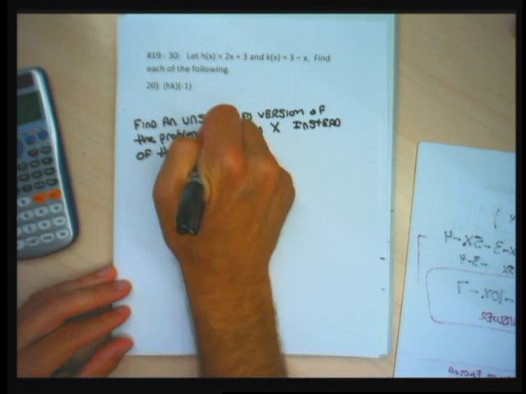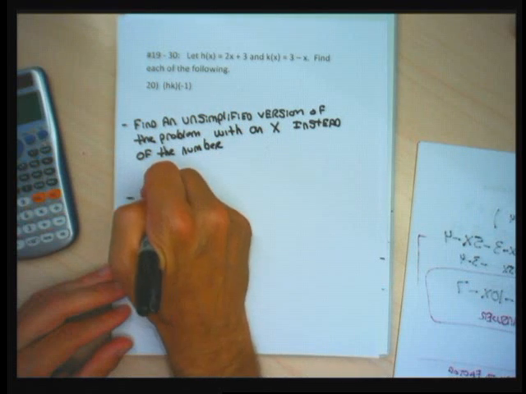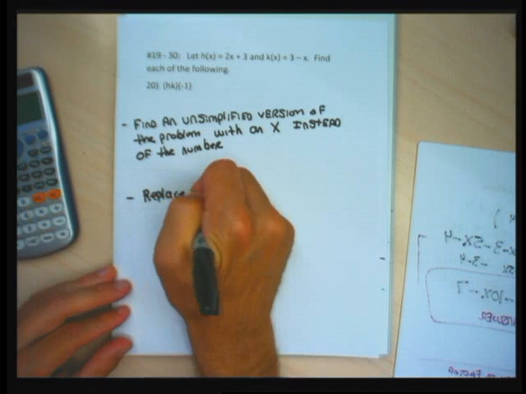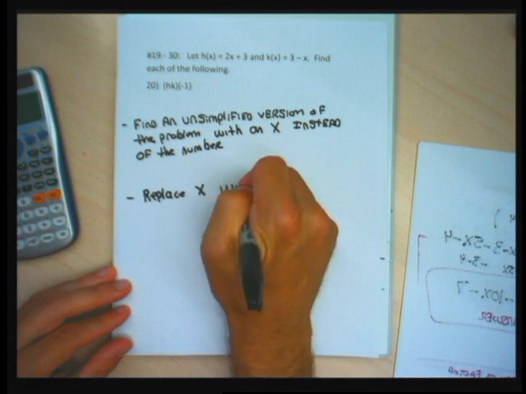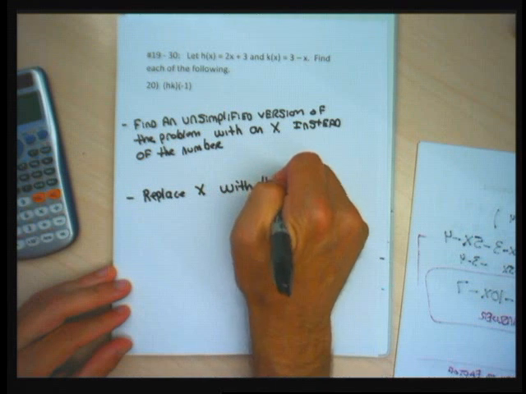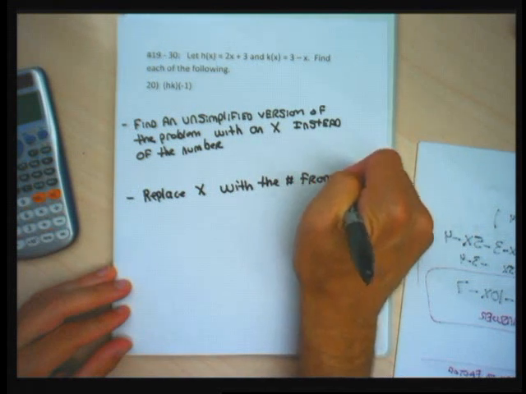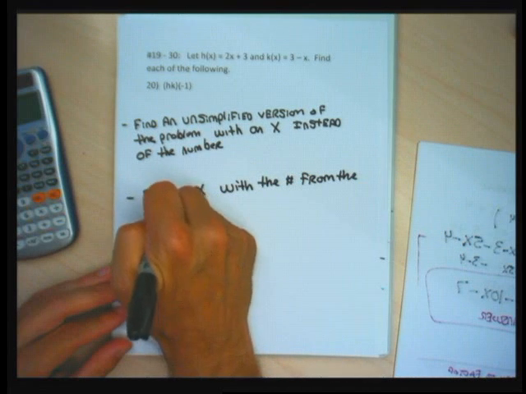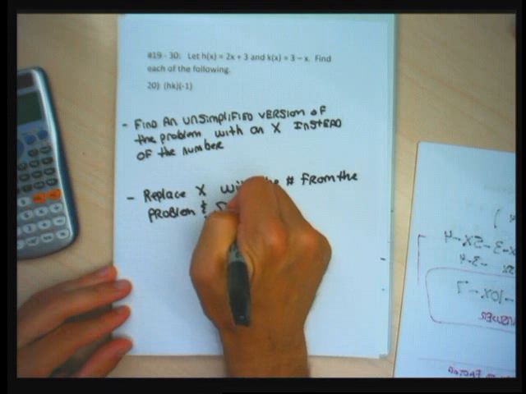So I'm going to do 2 steps for all of these problems. And then I'm going to replace the x that I've used with the number from the problem and simplify.